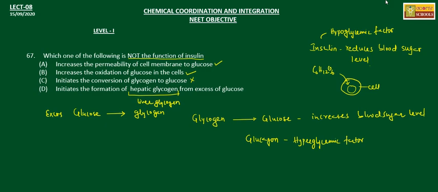So this is also a function of insulin, as it reduces glucose in the blood and adds it to the liver cells. So only option C, which raises the sugar level, is not the function of insulin. Option C is right.